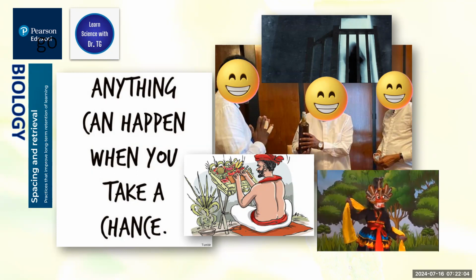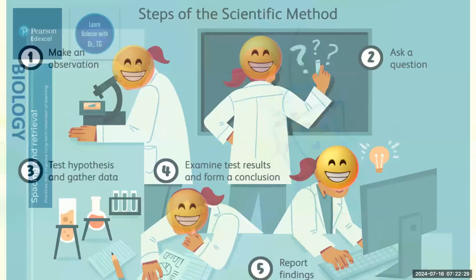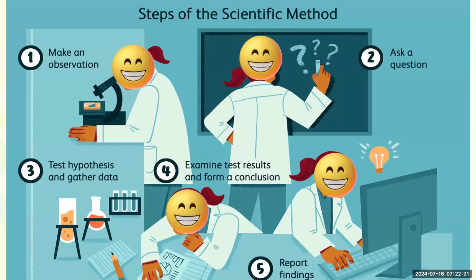So in science, we do not go behind the myths, we go behind the facts, evidence. So science is based on evidence-based learning. When it comes to experiments, investigations, research, we have a scientific method.